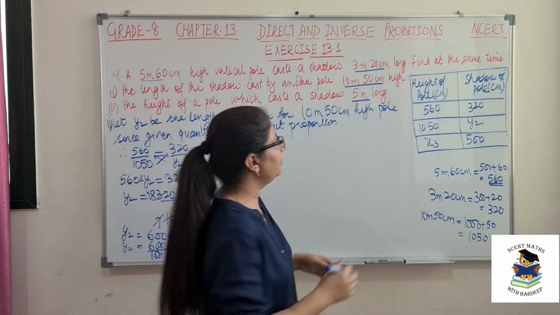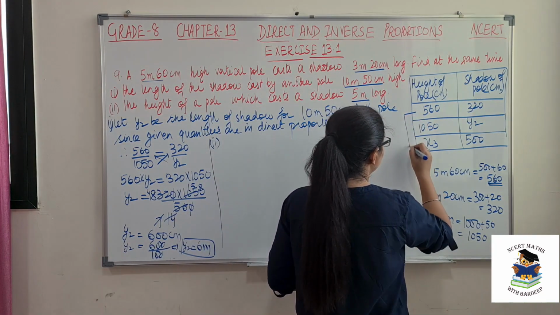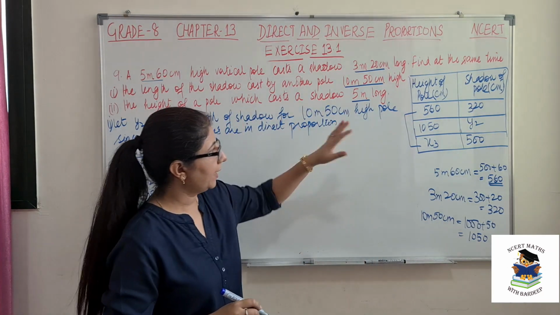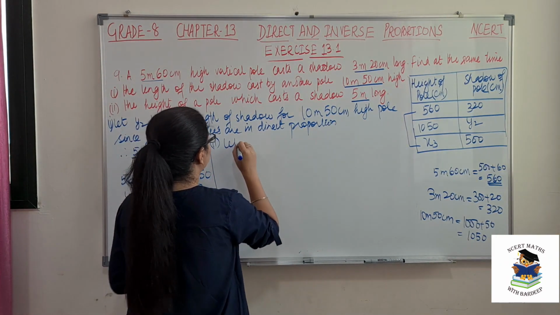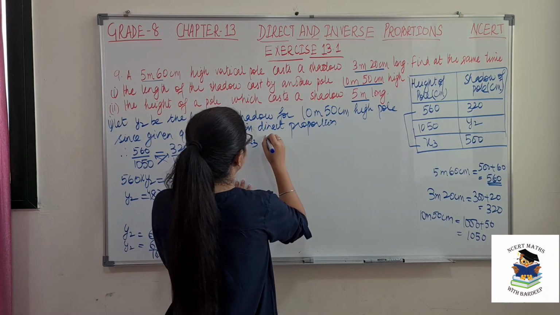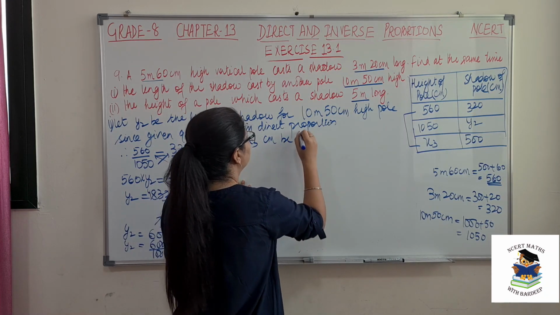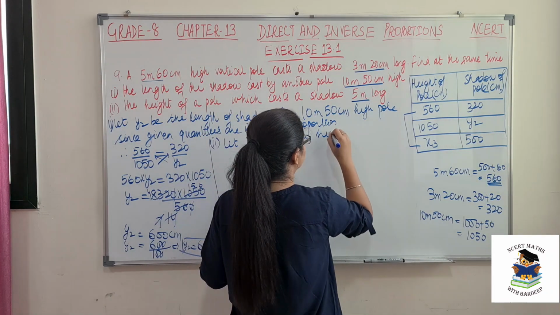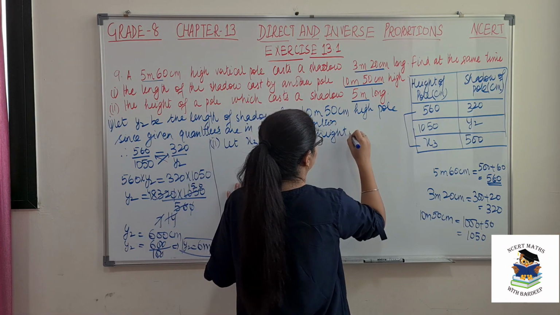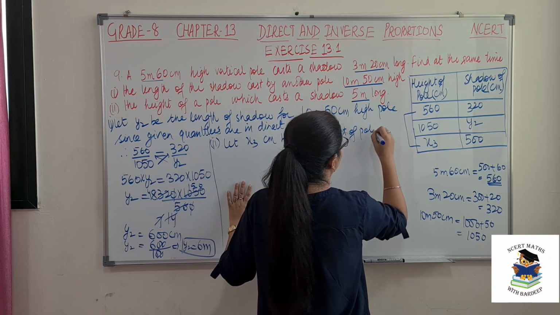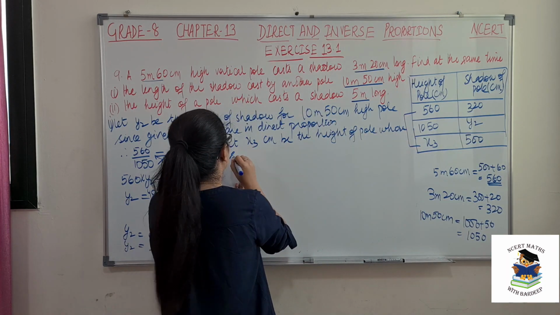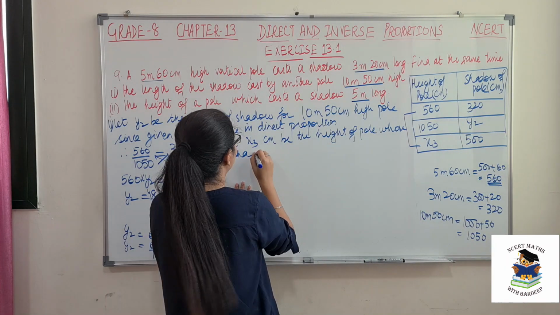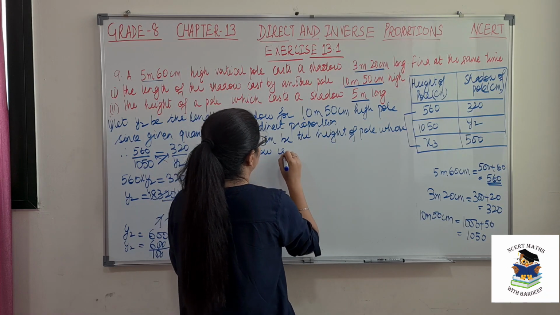Okay, so again we will use these two rows for 560 and the given value. So we will write, let x3 centimeter be the height of the pole whose shadow is how much? 5 meters.